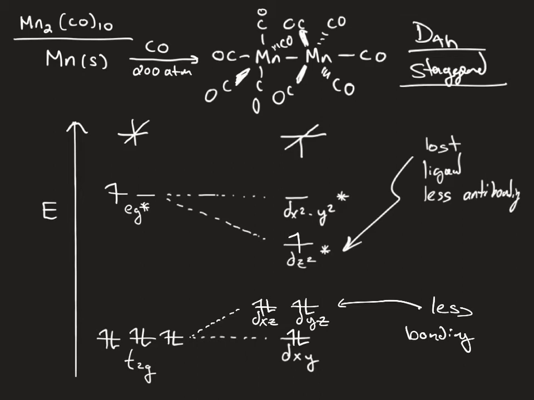Going through, putting in electrons, we have this. And what we have is this dz squared orbital that has an unpaired spin in it. And this is aligned along the molecular z-axis. So if you think about it, we can bring these two dz squared orbitals together to form an electron pair bond out of those.